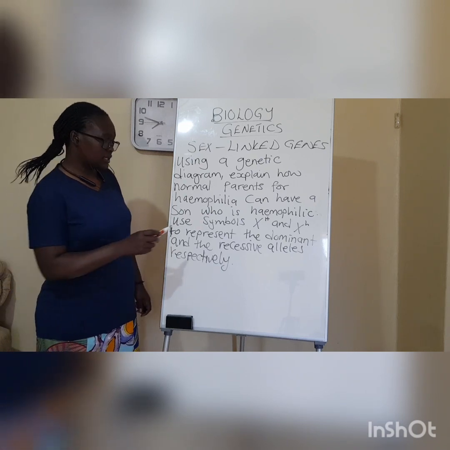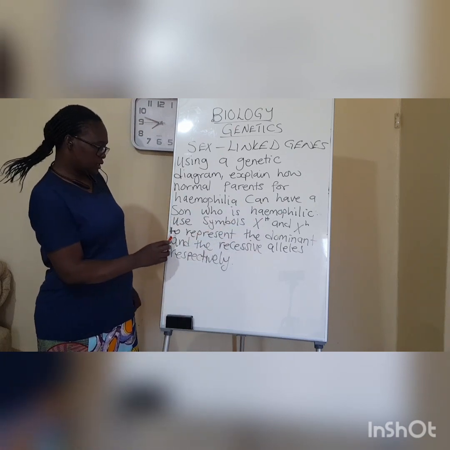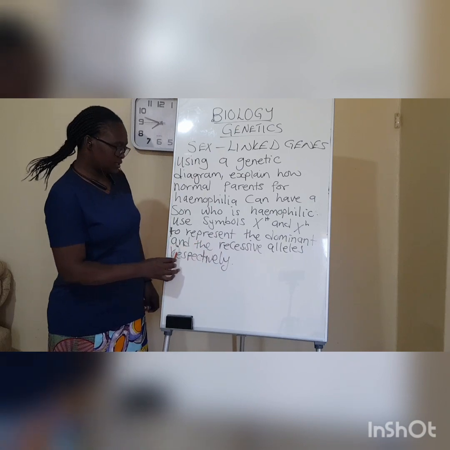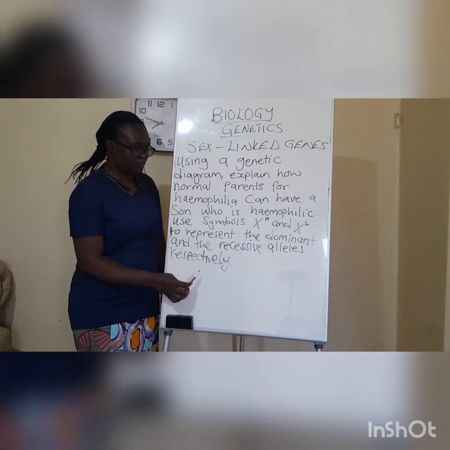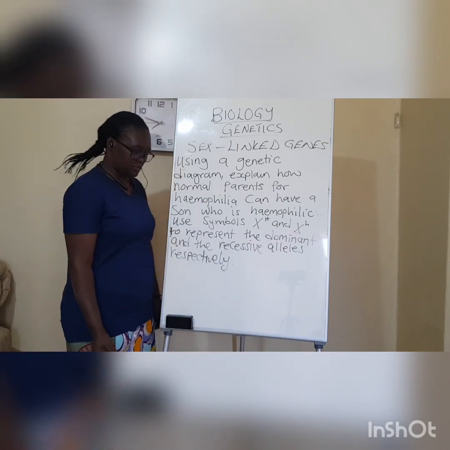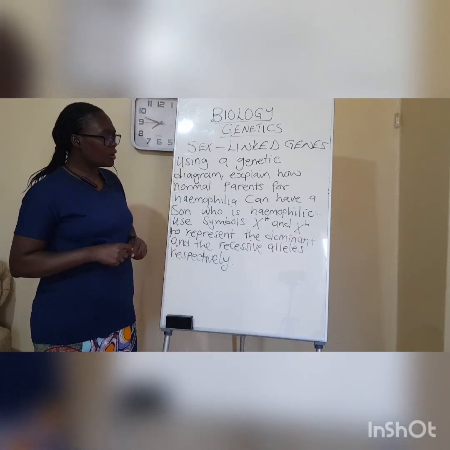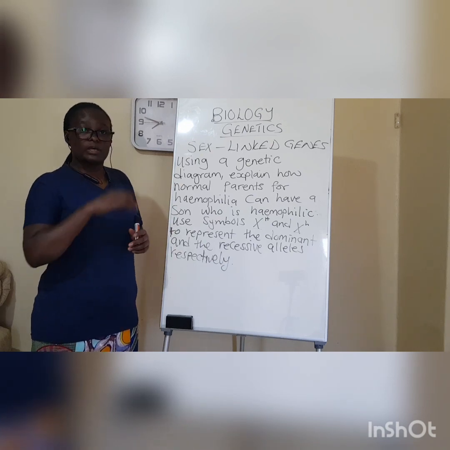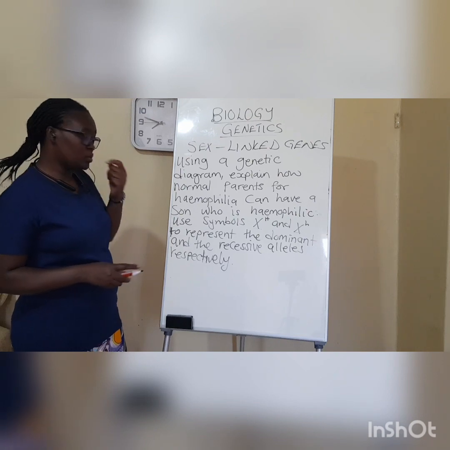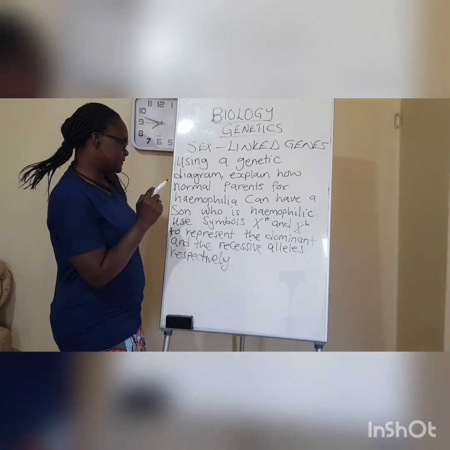Use symbols such as X capital H and X small letter H to represent the dominant and recessive alleles respectively. So this is for dominant, this is for recessive. They have told us that the parents are normal. So how come normal parents will give birth to a son who is hemophilic?